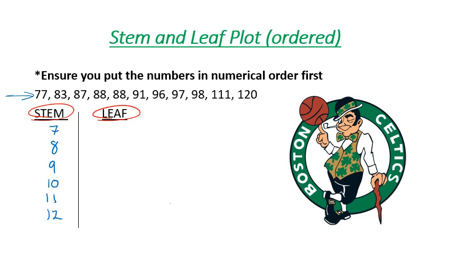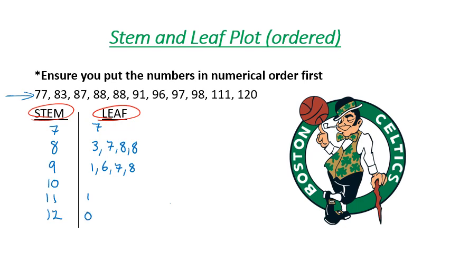So we would go 7 and 7. Now that represents our 77, because the stem, remember, is the tens and the leaf is the units. Then we have 83, 87, 88, 88. We have 91, 96, 97, 98. We have none between 100 and 110, but we do have 111, and we do have 120.